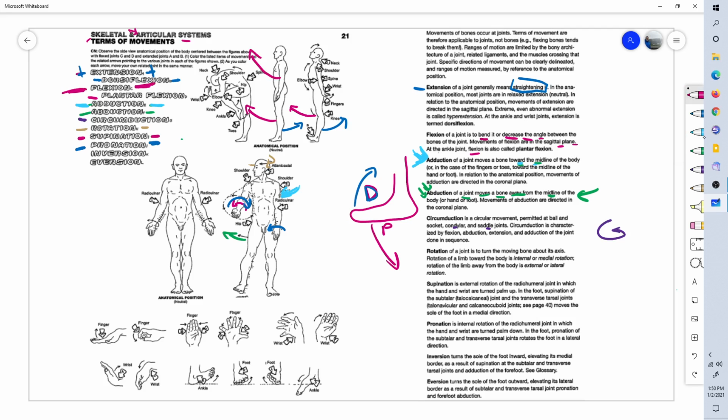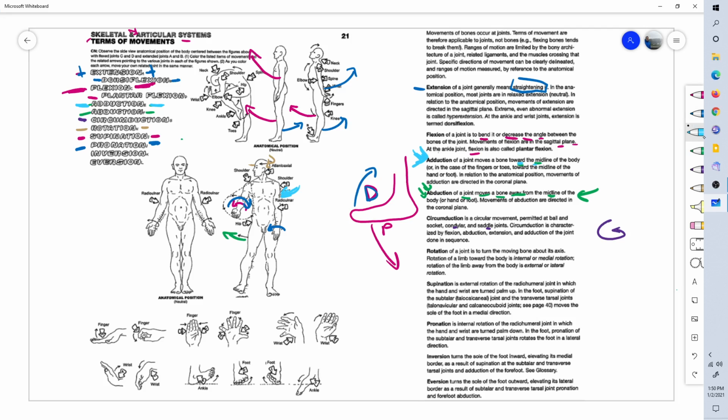What if you were to reach back behind your back this way, straight back? That's an example of arm extension. Now moving into the ankle. There are special movements of the ankle, two special movements called inversion and eversion.